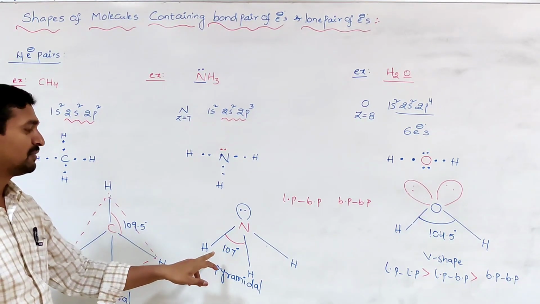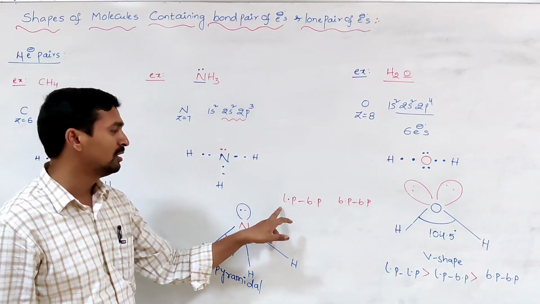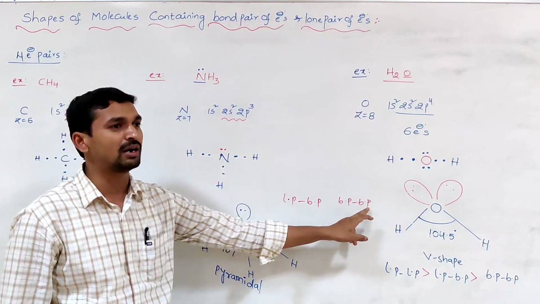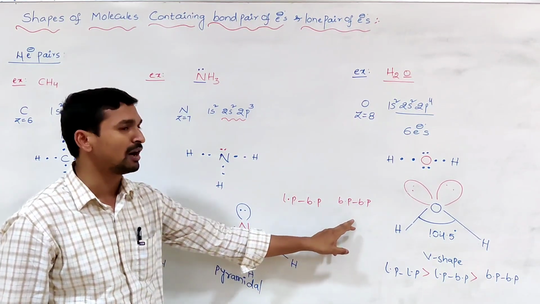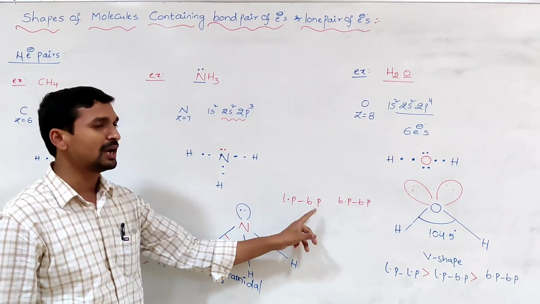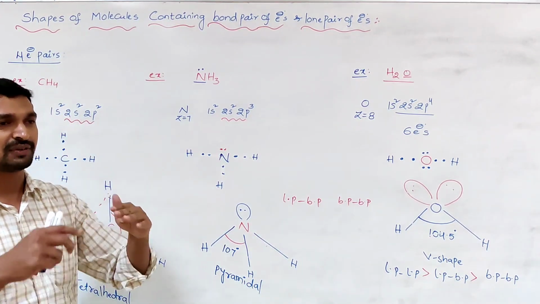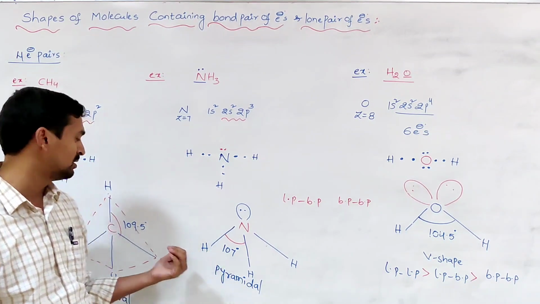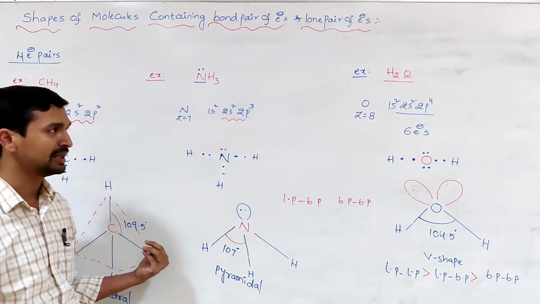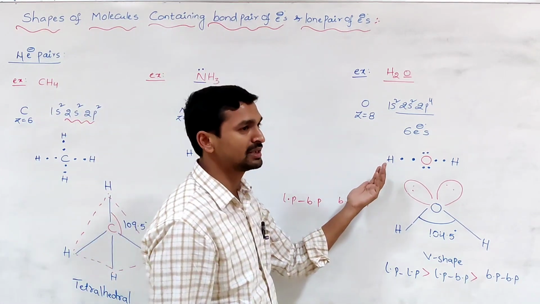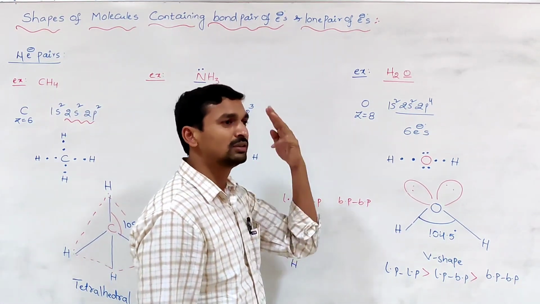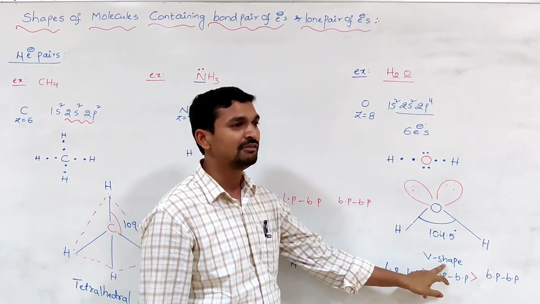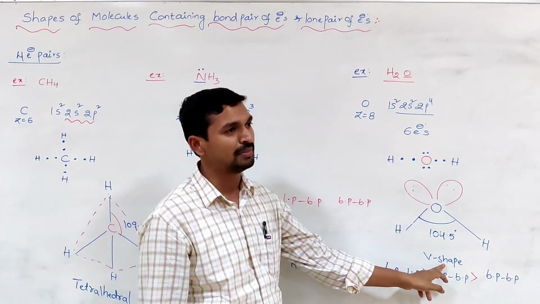The reason for less than 109.5 is that in that molecule, two types of repulsions exist: lone pair bond pair and bond pair bond pair. Among these, lone pair bond pair repulsions are stronger. That's why they push the bonds close together, so the bond angle is observed to be less than 109.5 degrees. Out of the 4 electron pairs, if 2 are bond pairs and 2 are lone pairs, the molecule adopts the V shape, or angular shape, or bent shape.